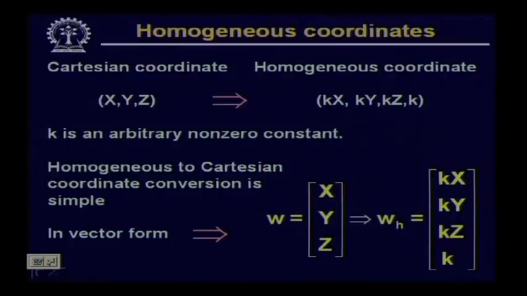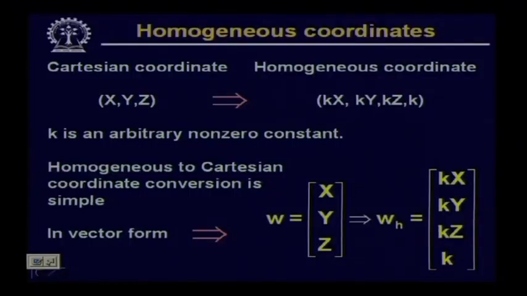So, if I divide all these three terms by the fourth component k, I get the Cartesian coordinate x, y, z. So, I can convert the coordinates of a 3D point from the Cartesian coordinate system to the homogeneous coordinate system, and I can also very easily convert from the homogeneous coordinate system to the Cartesian coordinate system.